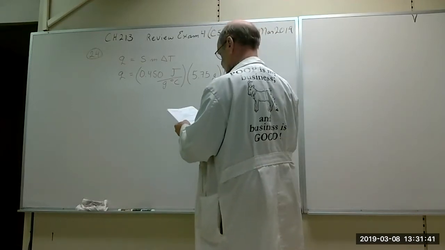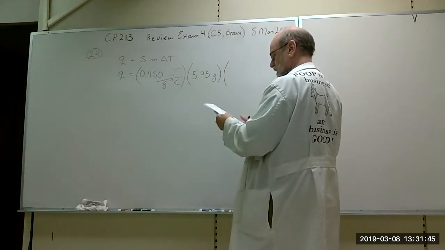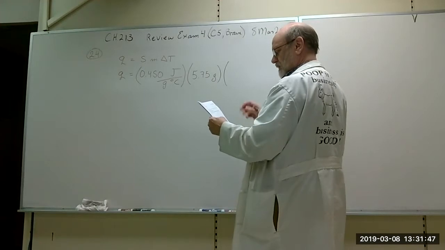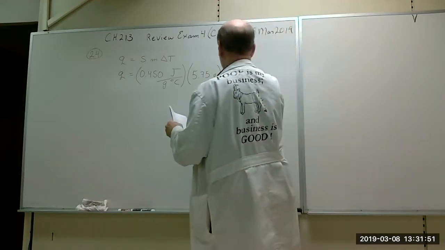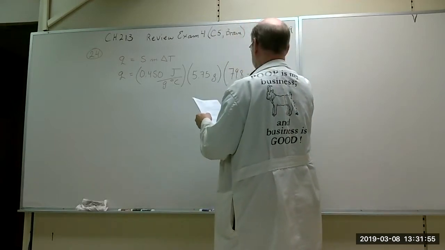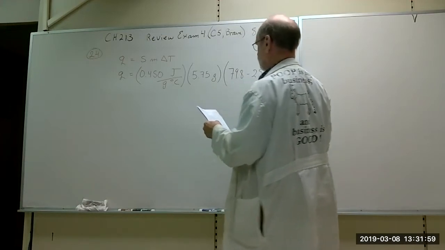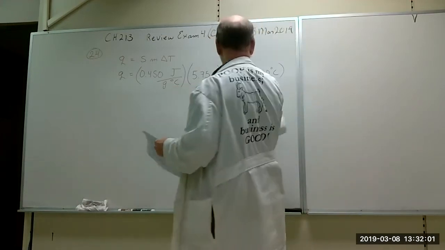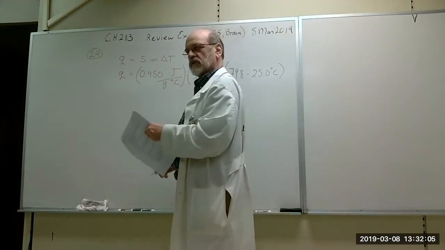And then the temperature change is final minus initial. The final temperature is 79.8 and the initial temperature is 25. There we go. So grams cancel, temperature cancels, and that leaves us with joules.